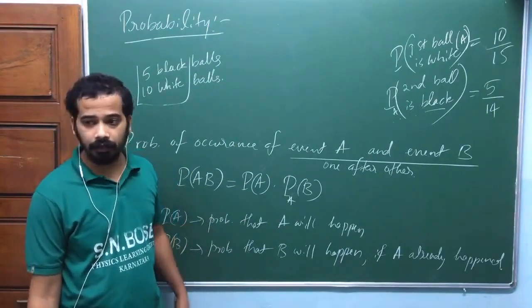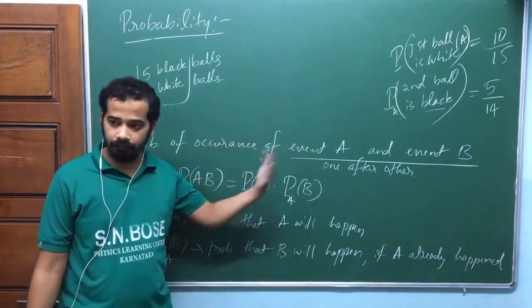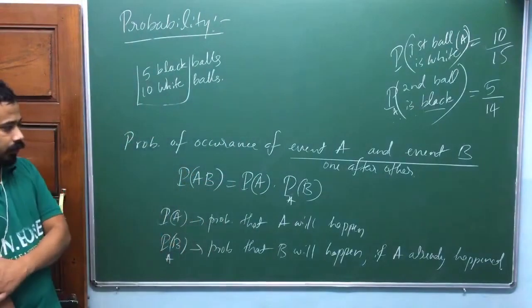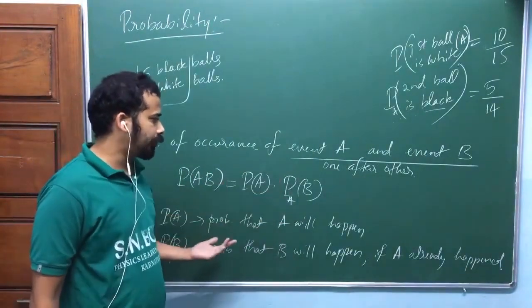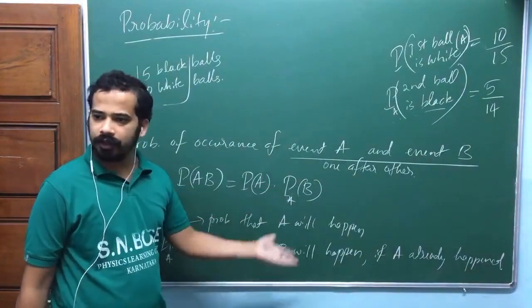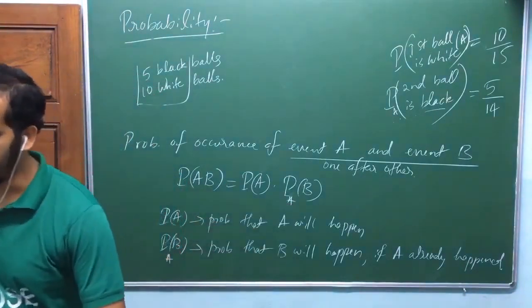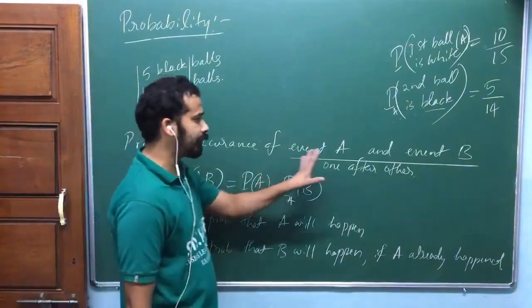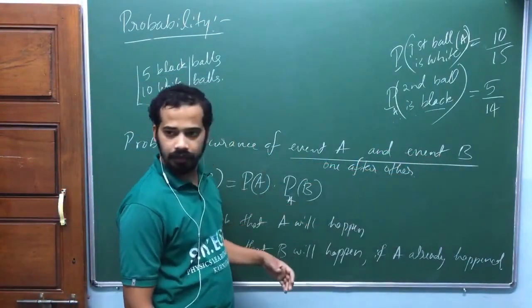While you are drawing second ball, that is affected by the first event, drawing first ball. So that's why again you have to write that one like this. If suppose these two are independent, you don't have to quote this one actually. If one event is not affecting other event, you don't have to quote this one.